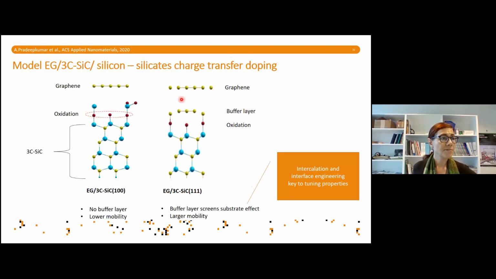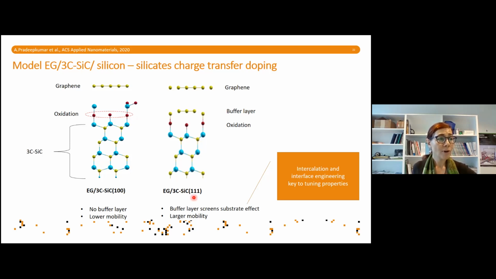And so DFT helped us a lot here. We did that together with some of our collaborators in the US. We had to take into account the oxidation that I explained before, that we found consistently any time we did the surface characterization. So the oxidation has been taken into account in the cells, both for the 100 and the 111.